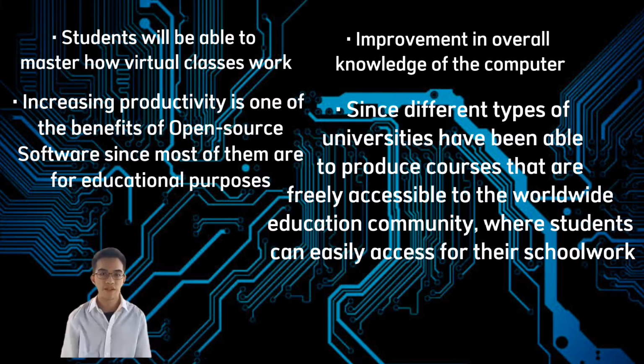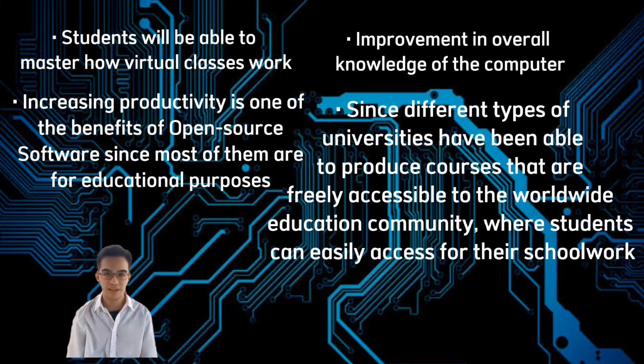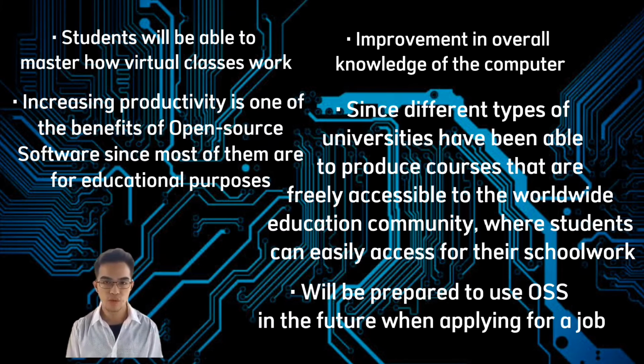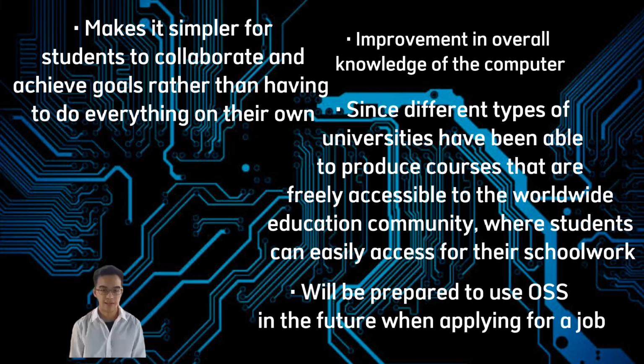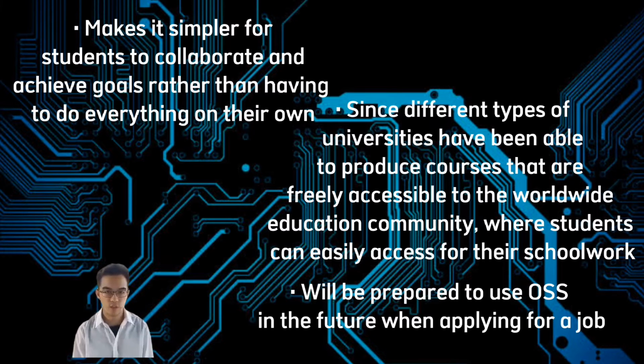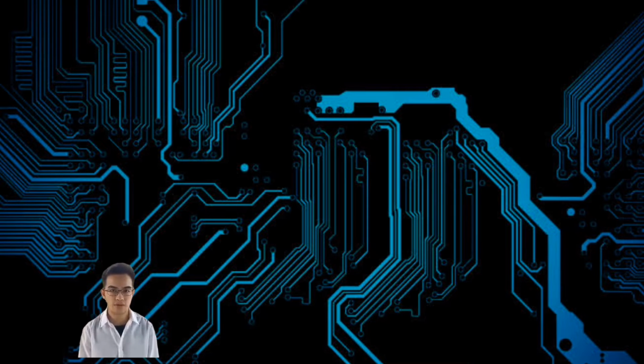Number 4, since different universities have been able to produce courses that are freely accessible to the worldwide education community, students can easily access them for their schoolwork. Number 5, they will be prepared to use open source software in the future when applying for a job. Lastly, number 6, it makes it simpler for students to collaborate and achieve goals rather than having to do everything on their own.